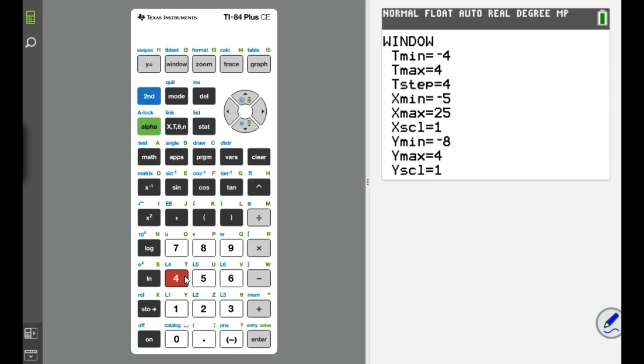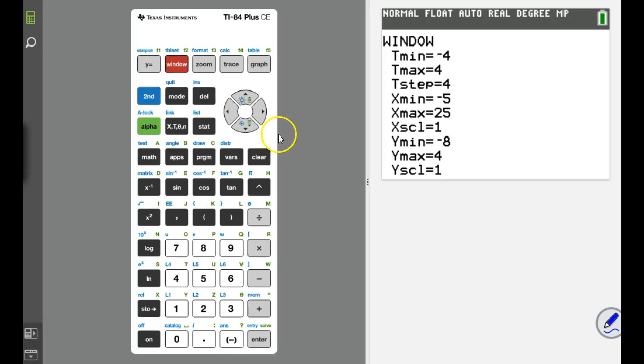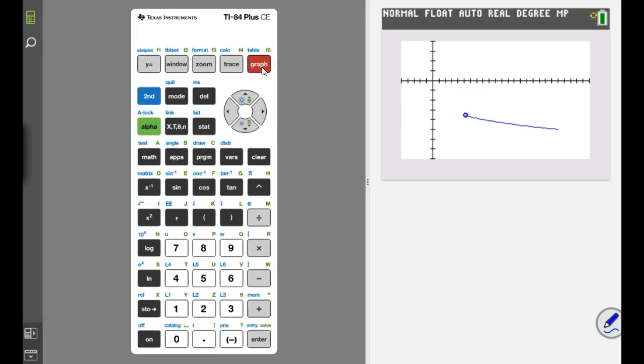It only puts in 3 points, because it only calculated -4, 0, and 4. So that's what it connected. That's why I say if you put in 0.1 all the time, it will give you a nice smooth curve because it's calculating 10 values for each integer, okay?